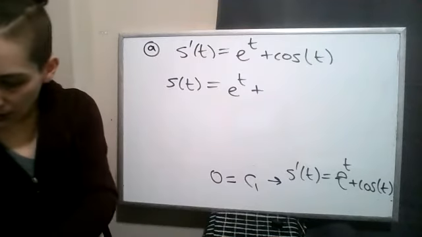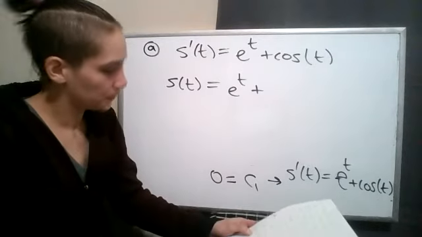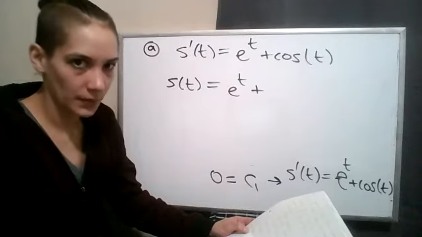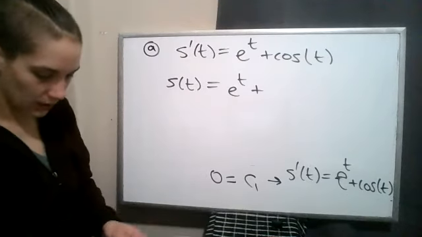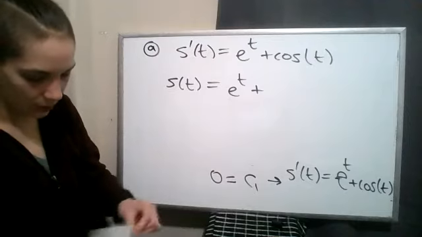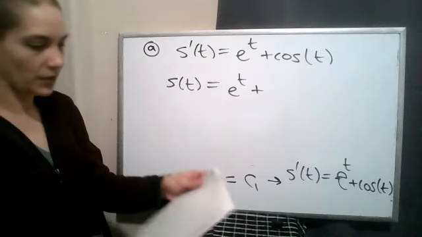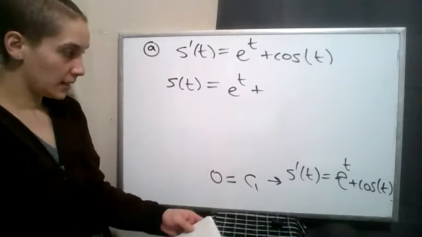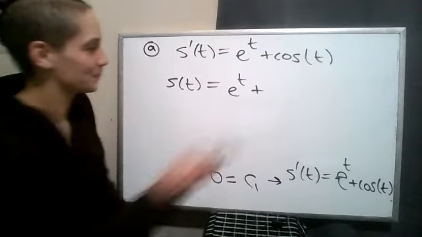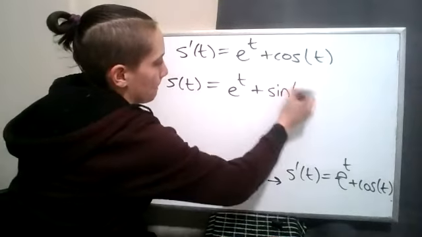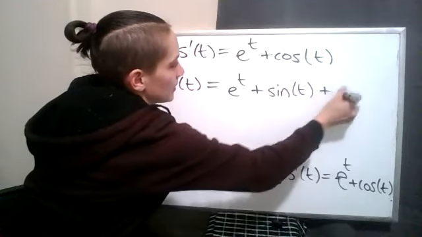Make sure here, let's see. A little behind my notes. This here we got, solve for c sub 1, have that function. Sine of t and add c sub 2, some constant.